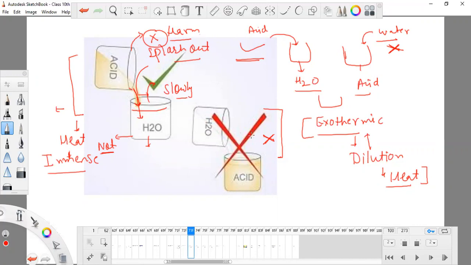But instead of doing this, if we put water into acid, it will create a large amount of heat, and this acid will splash out. Because of this heat, it will come out and it can harm or burn the person who is doing this activity.